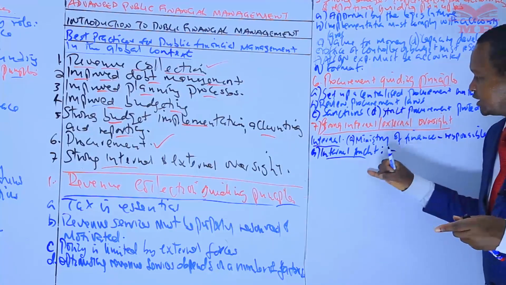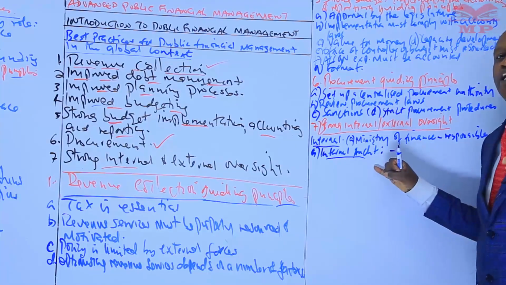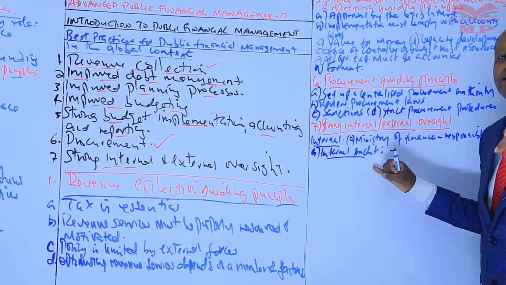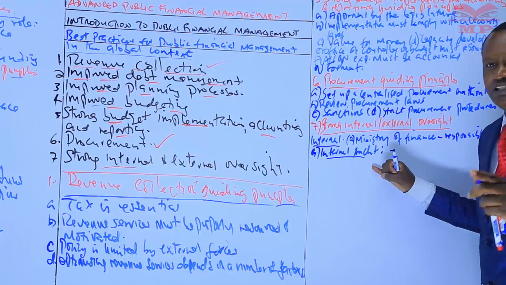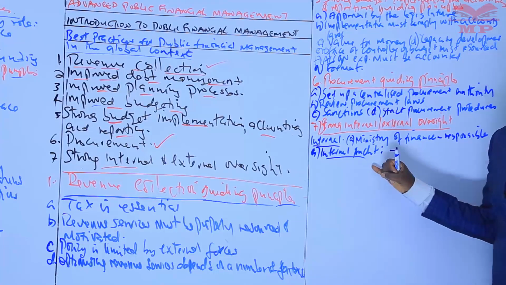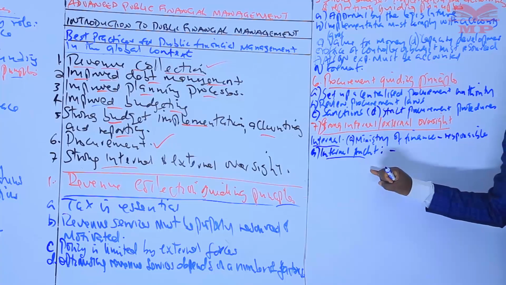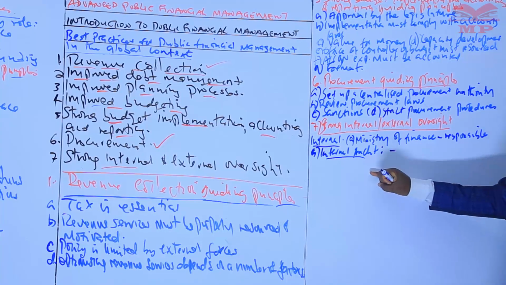The internal audit mechanism should ensure that the physical and financial assets are developed. These are controls. Then the internal audit mechanism should ensure adequate management reporting systems are in place.